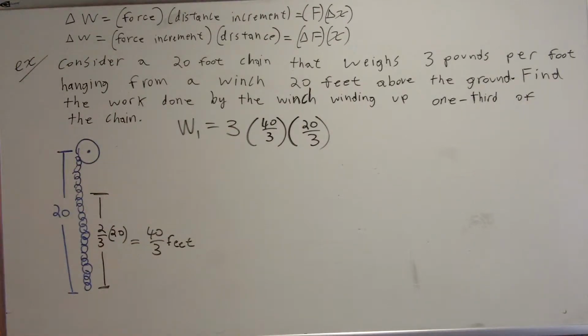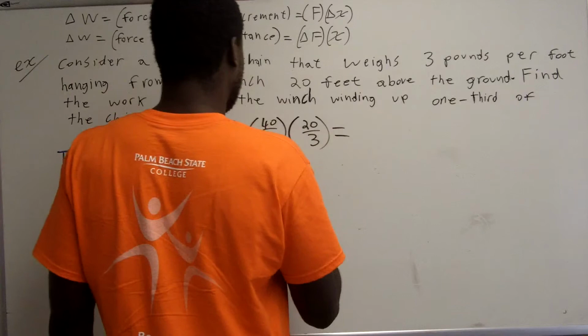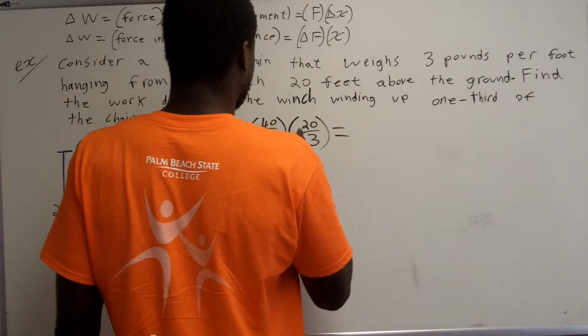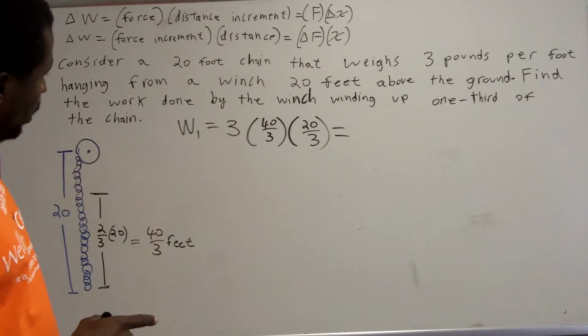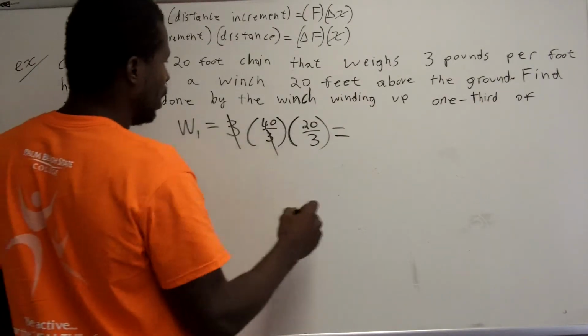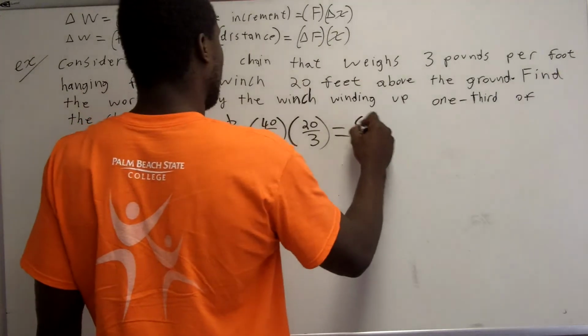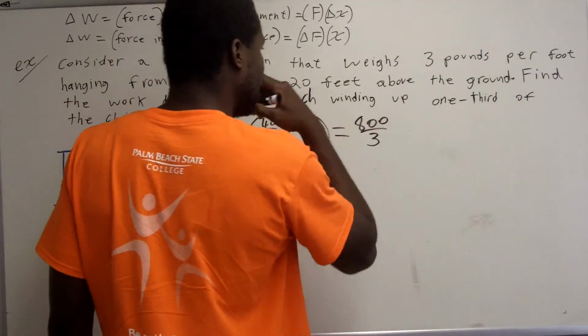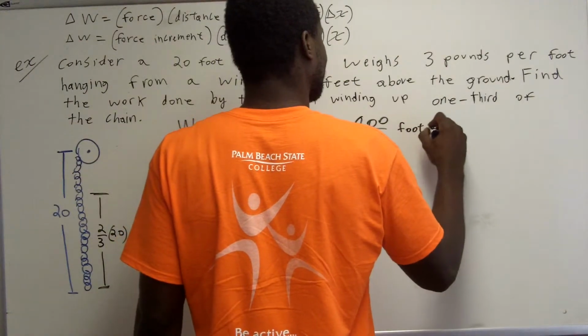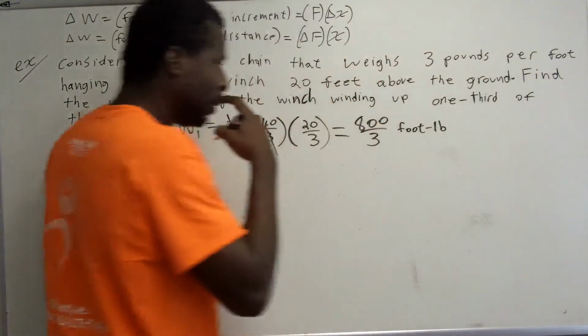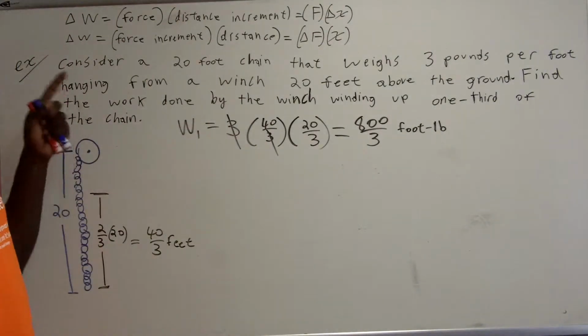So the work done in moving the bottom 2/3 of the chain up 20 thirds of a foot is, let's see, the 3's cancel, and we get 800 thirds foot-pounds. So that's the first part.